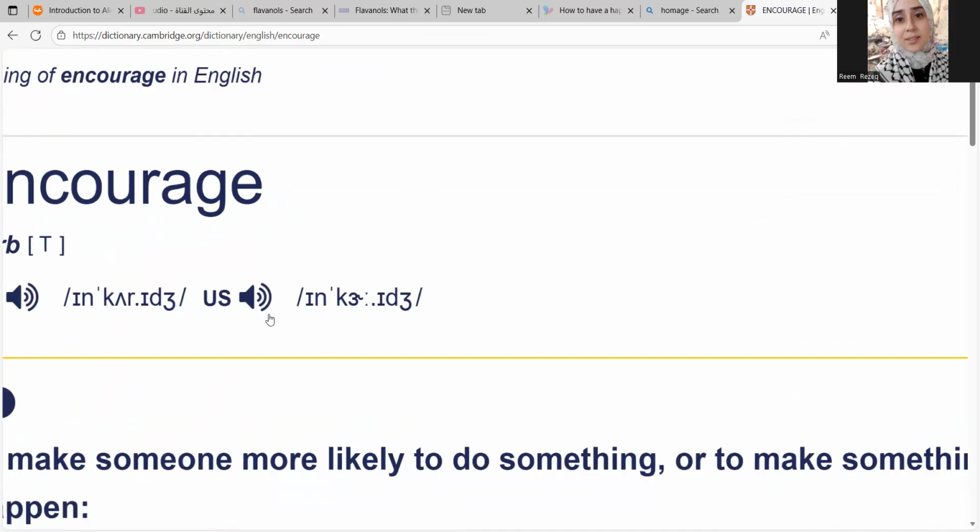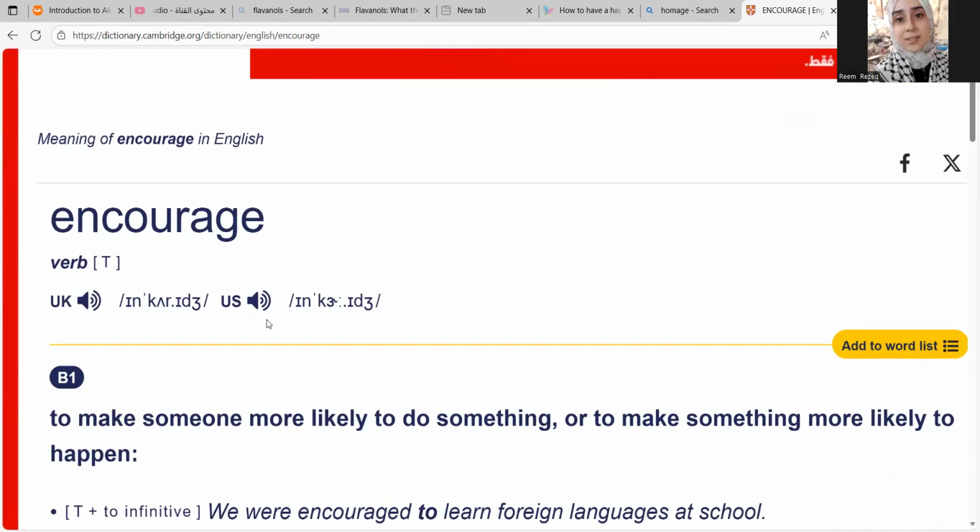You have to know these differences, because you are going to be a teacher, you're going to be a translator. All of these differences in pronunciation, you have to notice them.